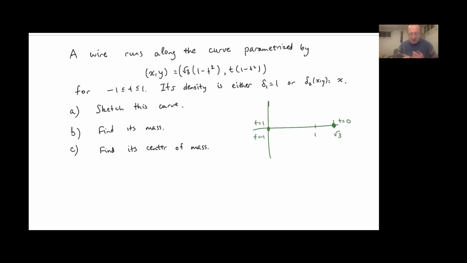Okay, and what about y? When t is plus or minus 0.5, then we have plus or minus 0.5 times 1 minus 1/4. So in other words, we have plus or minus 3/8. Plus and minus 3/8, and somewhere around here is 3/4 of root 3.